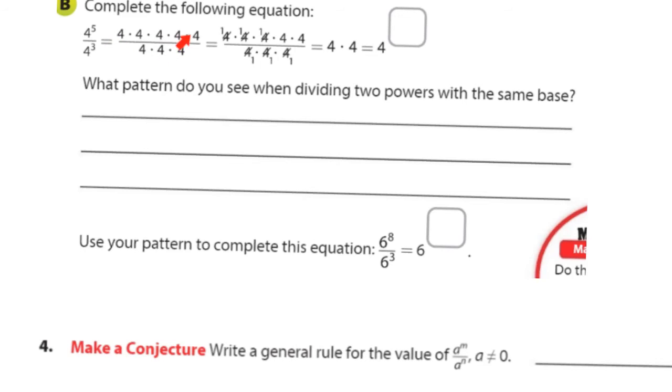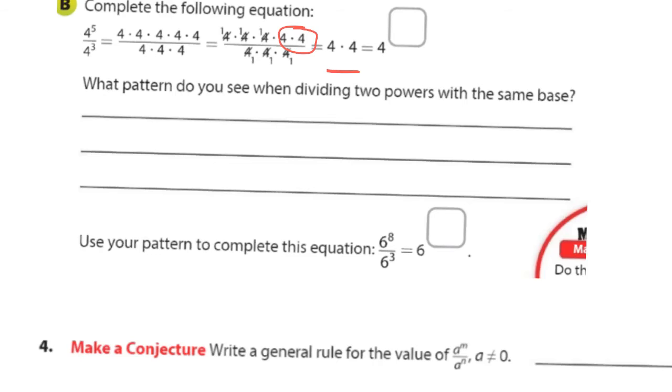So this is expanded form. It's stretched out. Now, if you take these and divide them, because remember, fractions are fancy division, 4 divided by 4 is 1. They cancel. 4 divided by 4 is 1. They cancel. 4 divided by 4 is 1. They cancel.